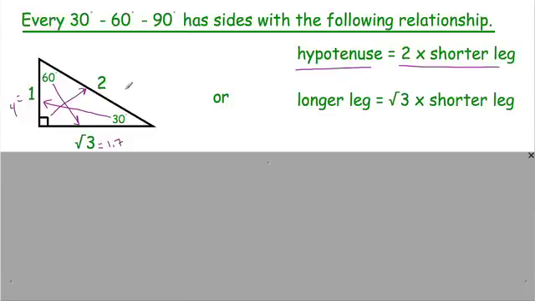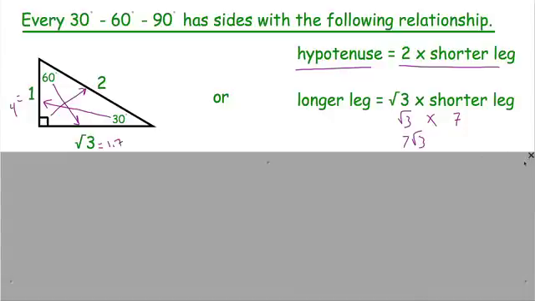It's always double. Nice. I like double. That's easy. Likewise, if I know my hypotenuse is 12, this is half, or 6. All right? Down here, the longer leg is radical 3 times the shorter leg. So if I know the shorter leg is 7, then the longer leg would be 7 radical 3.